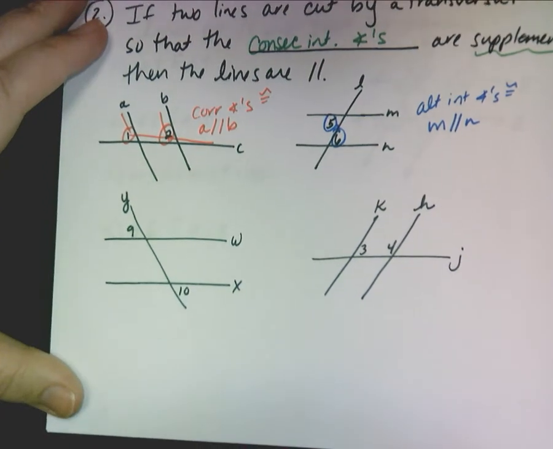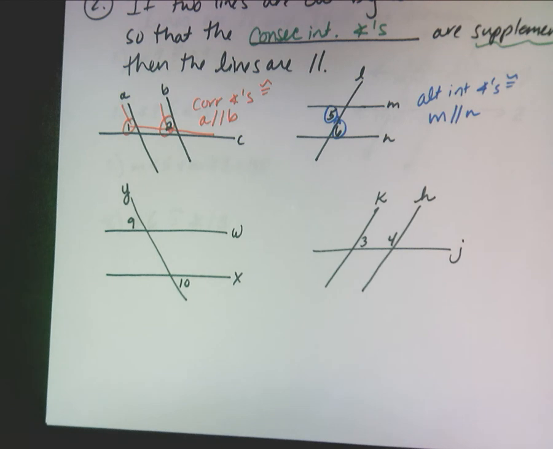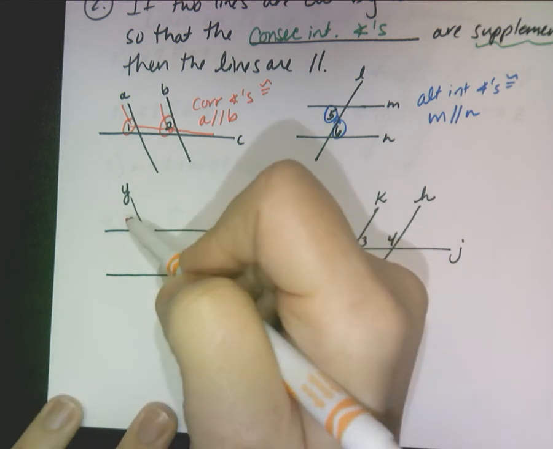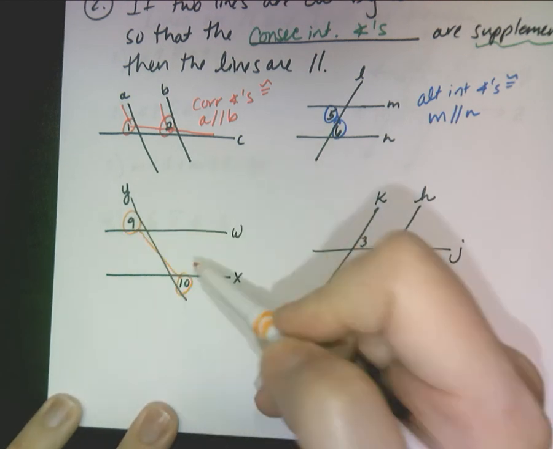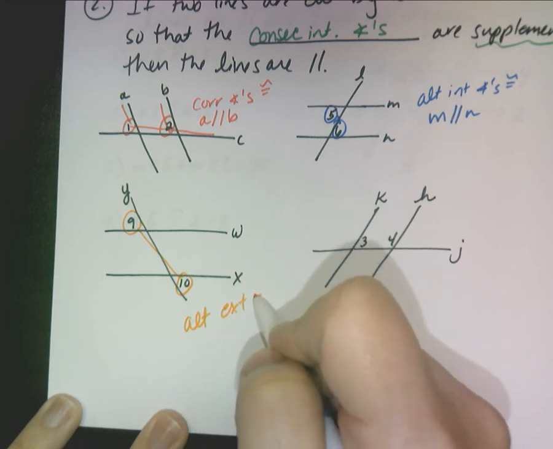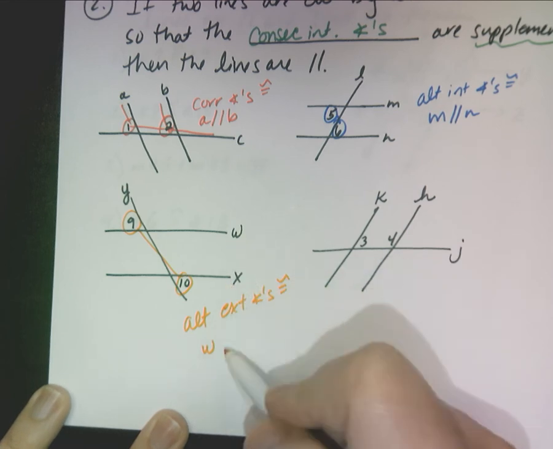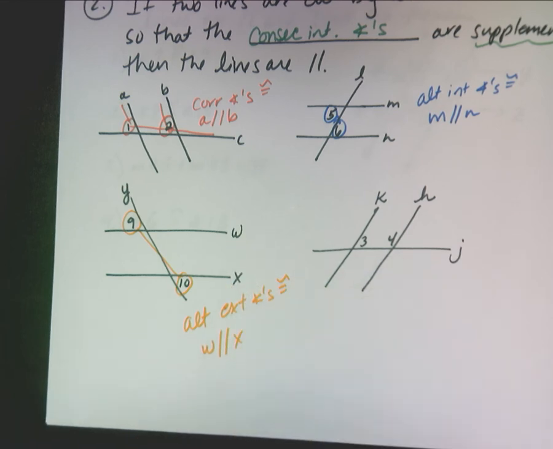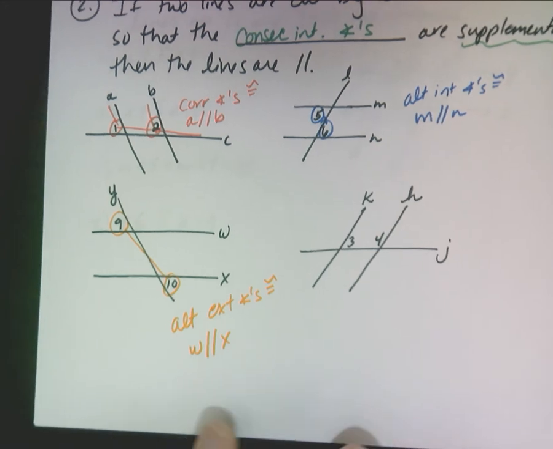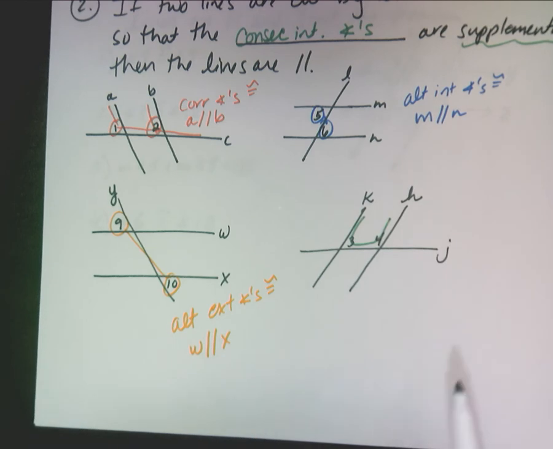Let's look at these over here, 9 and 10. They look like they're on the outside, they're exterior, so these are alternate exterior angles congruent. Then W and X are parallel. And then 3 and 4 are the ones that make that C shape, that U shape.